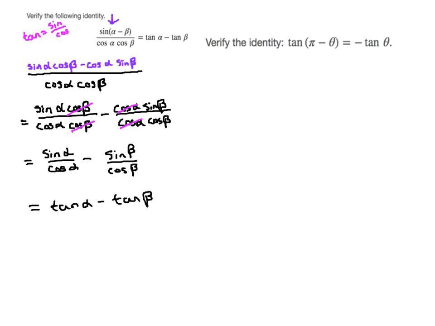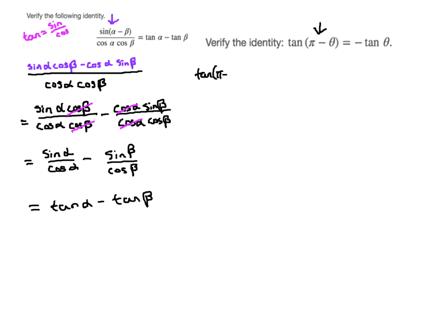We're done. Verified. Okay. Verify that the tangent of pi minus theta is equal to negative tangent theta. So I'm going to use my tangent difference formula there.